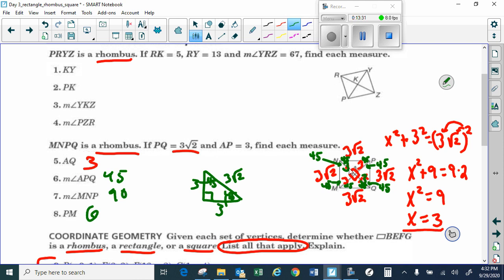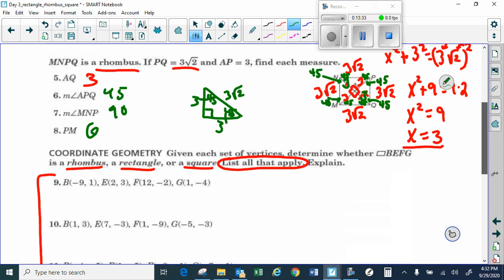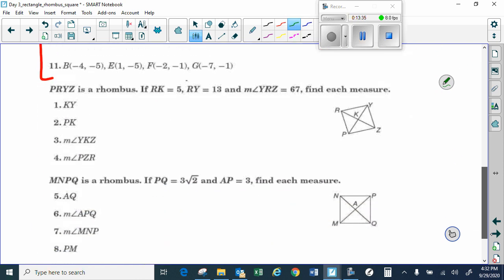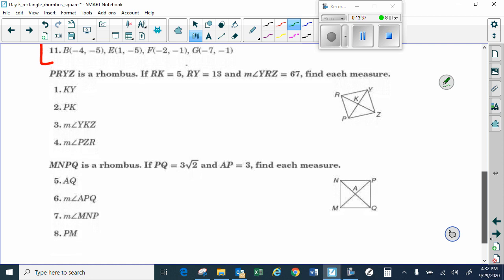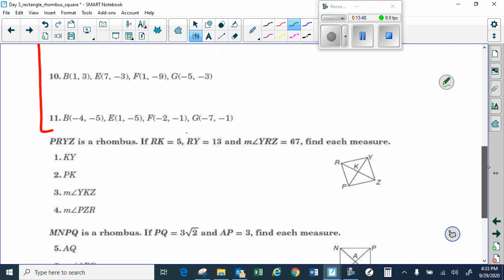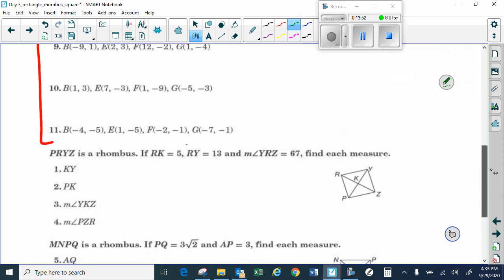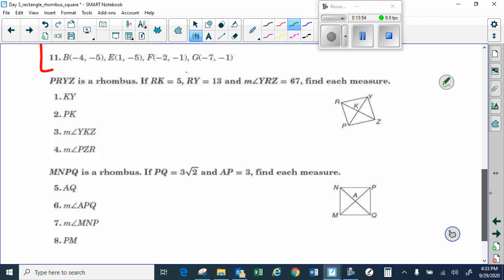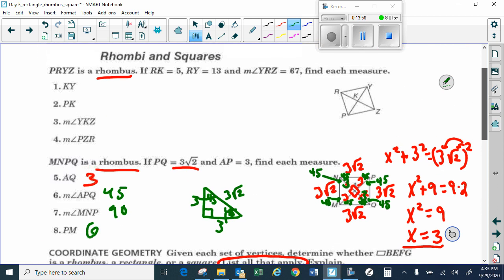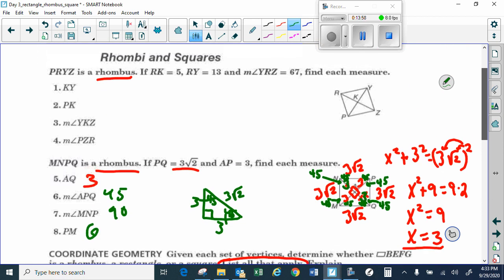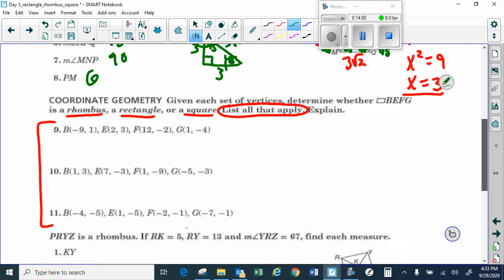All right, so there's an example there going through that. Wait a sec here. That's the exact same thing. PQ's AP is 3. Dang it. What do we have up here? RK is 5, RY is 13.